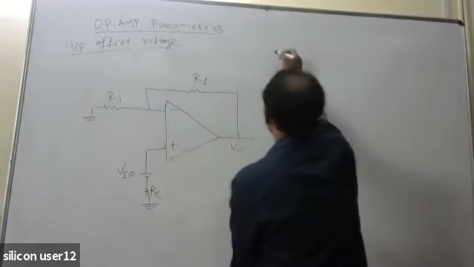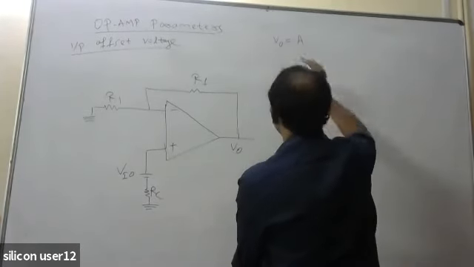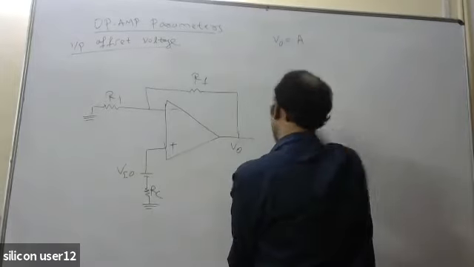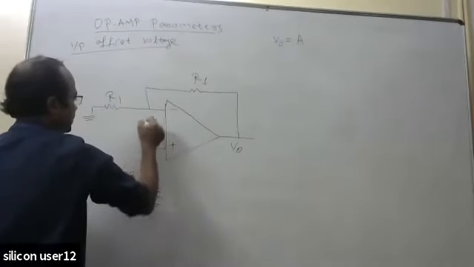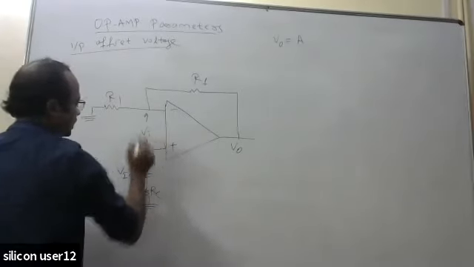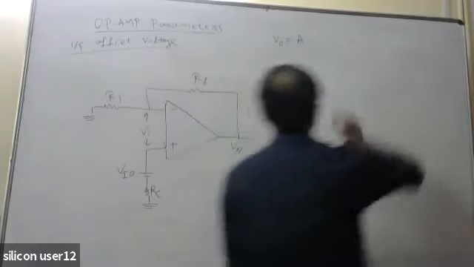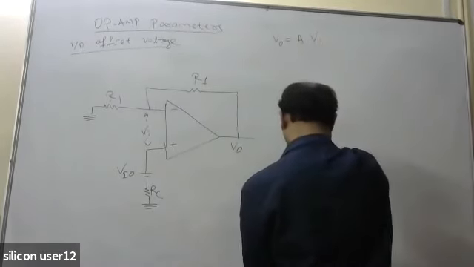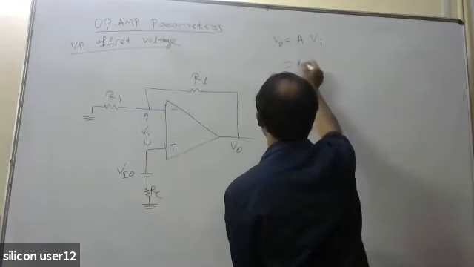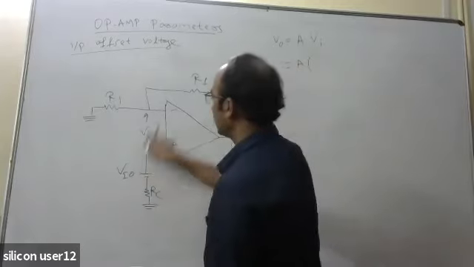So I can say my V0 will be equal to the gain of this op amp into the net input voltage Vi. Let us say the voltage between these two terminals is Vi. So V0 will be equal to A into Vi, that is A into the difference between this voltage and this voltage.